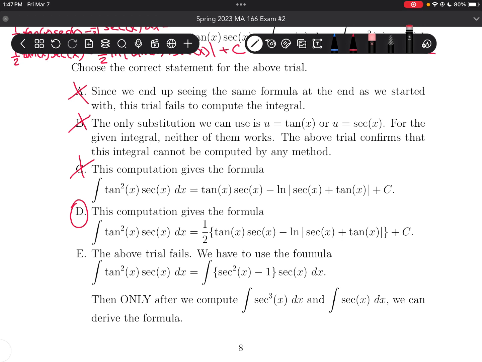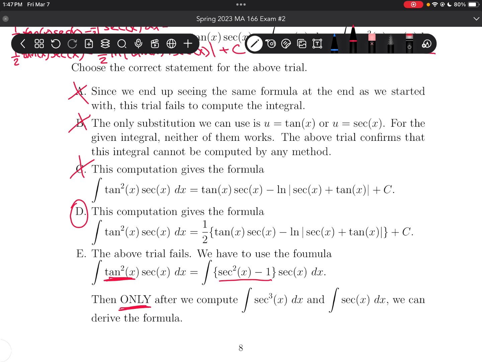We have to use the formula tangent squared x is equal to secant squared x minus 1. That's the Pythagorean identity. Okay, yeah, the key word here is only.